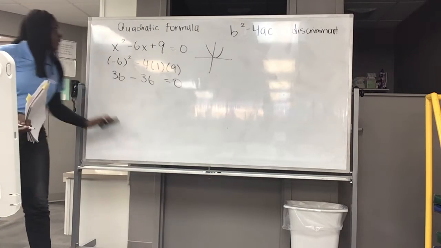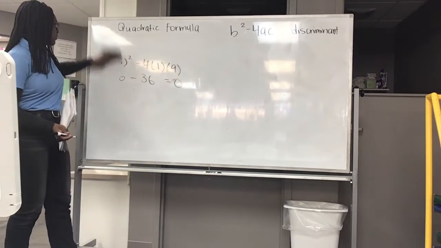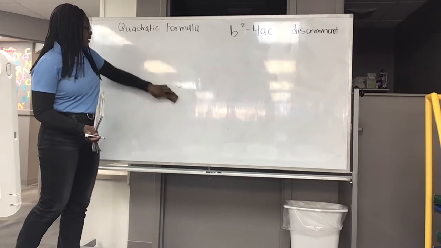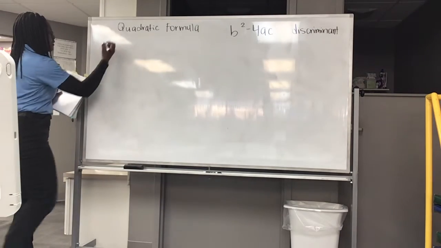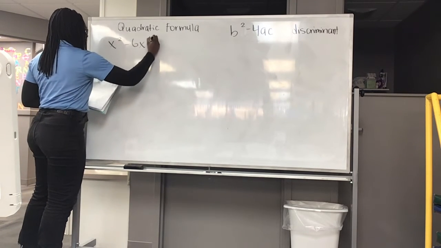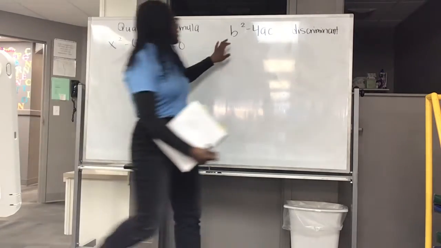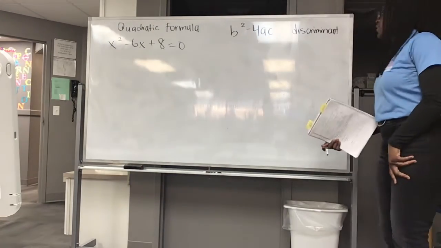Okay, one more example. I'm going to have you do this one on your own. Just find the discriminant. It's x squared minus 6x plus 8 equals 0. So find a, b, and c, and then plug that into b squared minus 4ac.